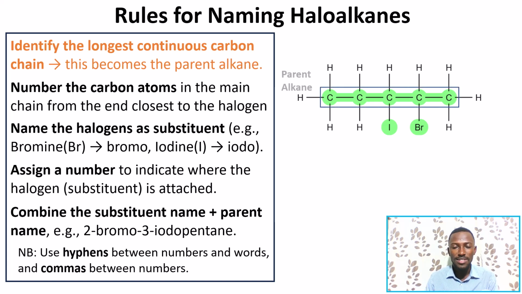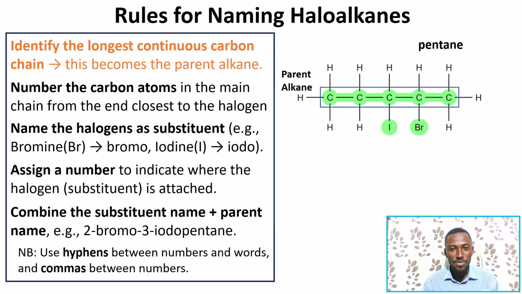And this is the longest continuous carbon chain. Anything attached to it, or any halogen attached to the longest continuous carbon chain, becomes a substituent. So this longest continuous carbon chain is known as pentane.